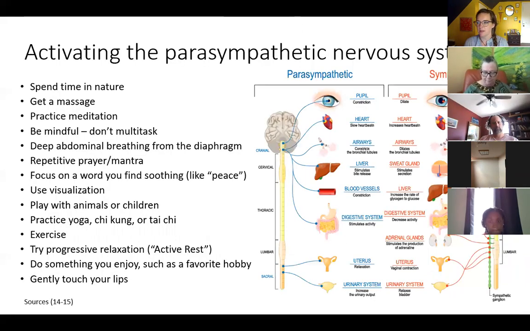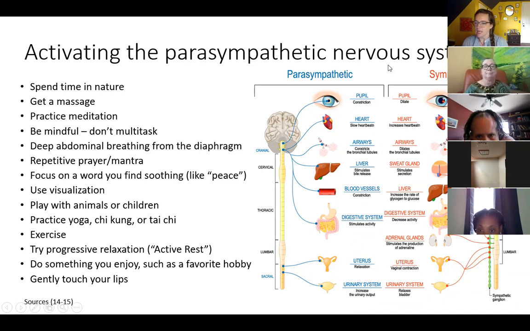But your parasympathetic nervous system, this picture here, this shows what's going on in the body when the parasympathetic is activated and when the sympathetic is activated. So your pupils, I'm not going to go through all that, but like your heart increases when the sympathetic, this is your fight or flight response.